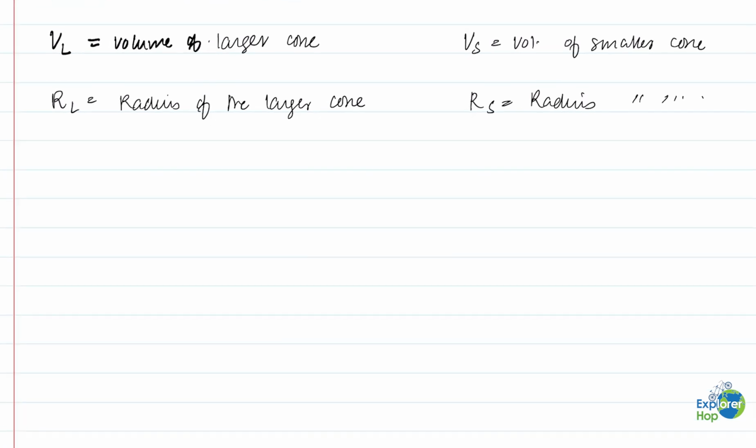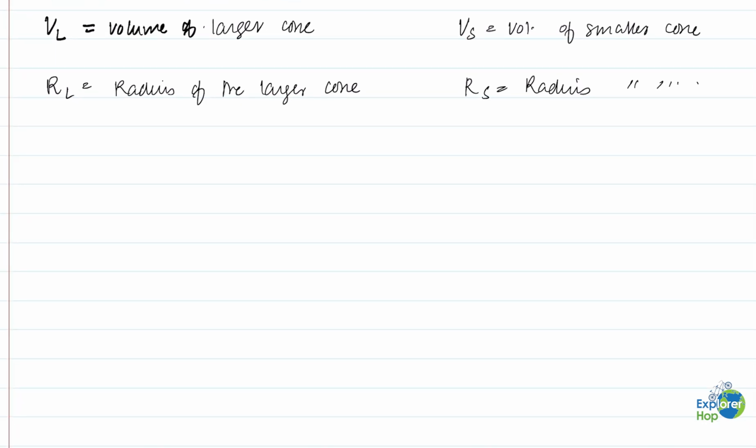So now we can form an equation in terms of these four variables, which would be our Vs over Vl, which means the ratio between the volumes of the shapes is equal to the ratio of the sides or the radii Rs over Rl, and it would be cubed because this is volume. We know that for volume, the ratio of the volumes is always the cube of the ratio of the sides.